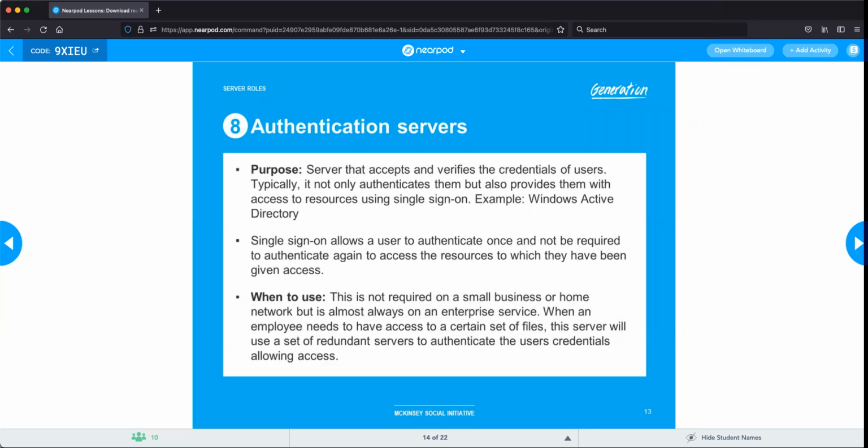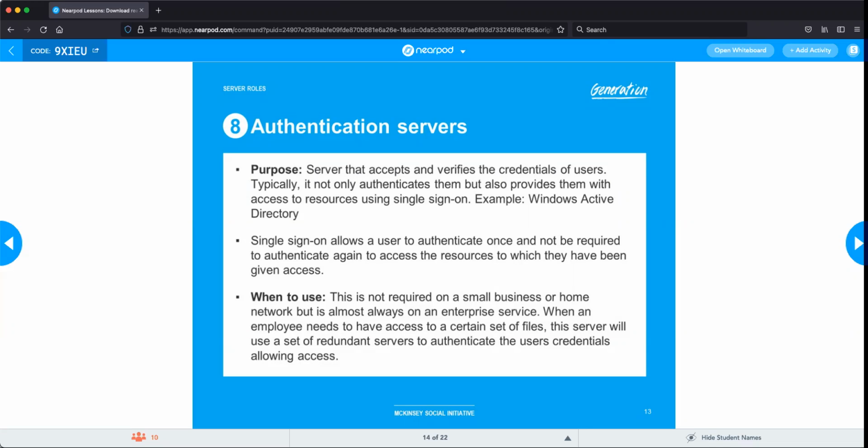All right. Purpose: server that accepts and verifies the credentials of users. Typically, it not only authenticates them, but also provides them with access to resources using single sign-on. For example, Windows Active Directory. Single sign-on allows the user to authenticate once and not be required to authenticate again to access the resources to which they have been given access.